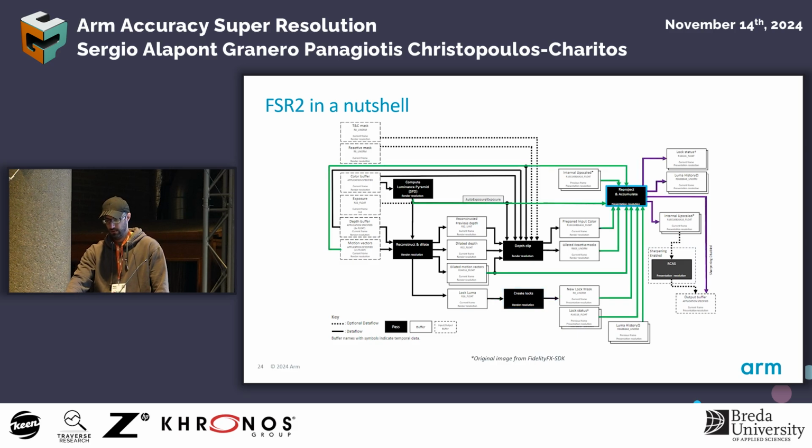Accumulate pass: history projection, apply heuristics for visibility, spatial upscaling. If sharpening is not enabled, this will be the final output of FSR. And finally, RCAS, it's optional, that one. It will read the upscaled image from the accumulate pass, apply sharpening and write it to the user's provided output.